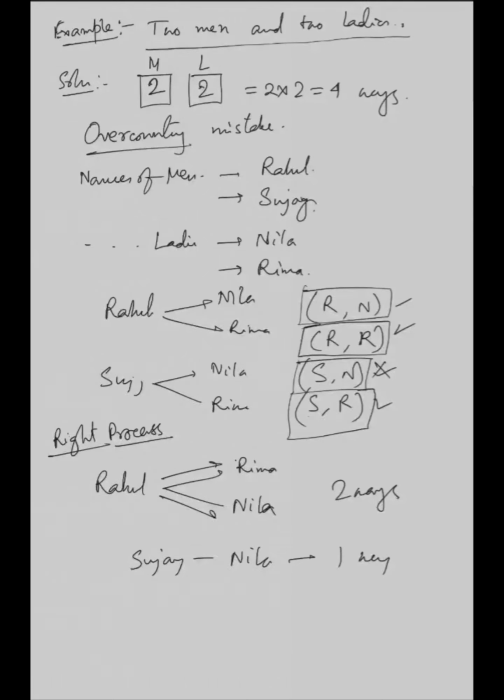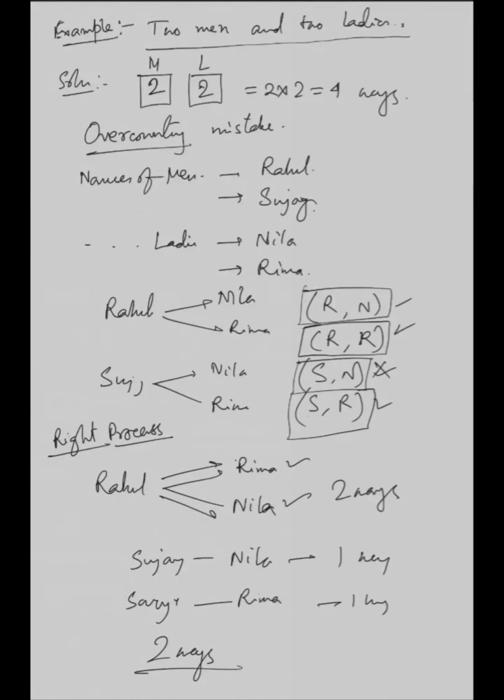Again, if Rahul marries Neela, then again Sujoy has only one option, that is Rima. That means if Rahul first chooses any one of them, then Sujoy is left with only one option. So the right process should have only two ways.